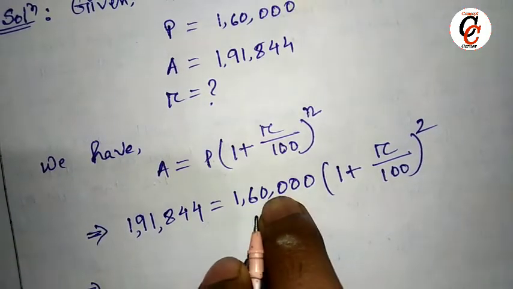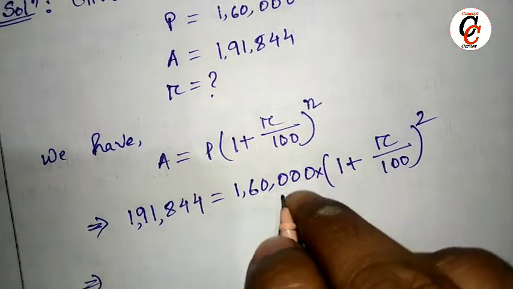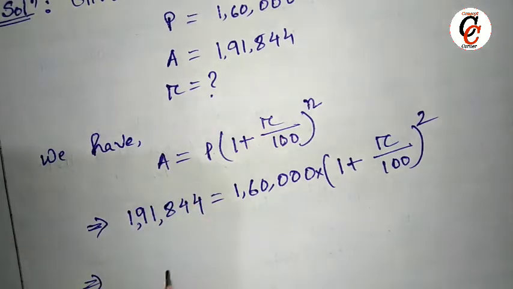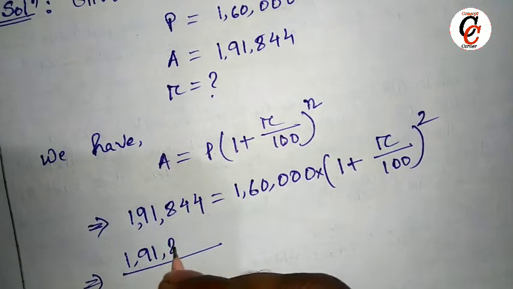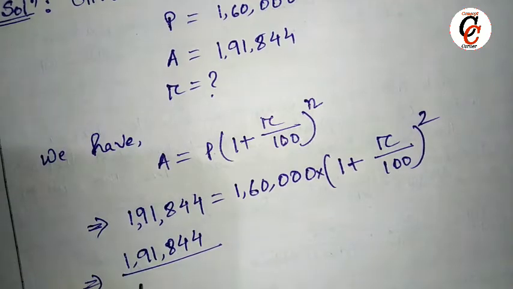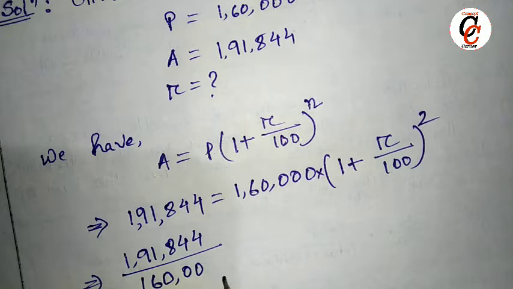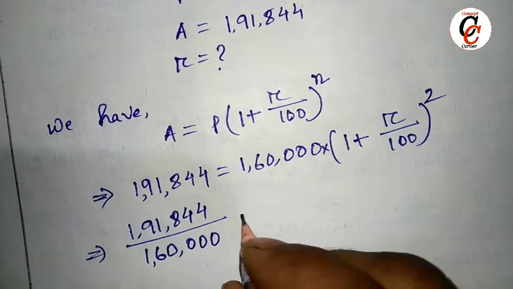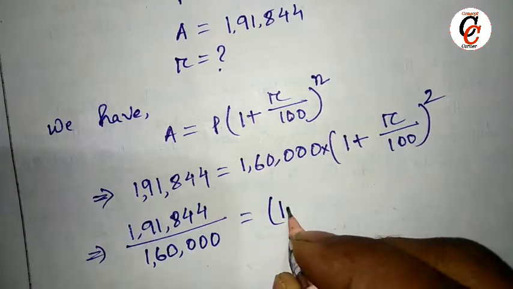Now this 1,60,000 is multiplying here, so if we take it to this side it will divide this value, so we can write 1,91,844 by 1,60,000. So here we can write 1 plus.